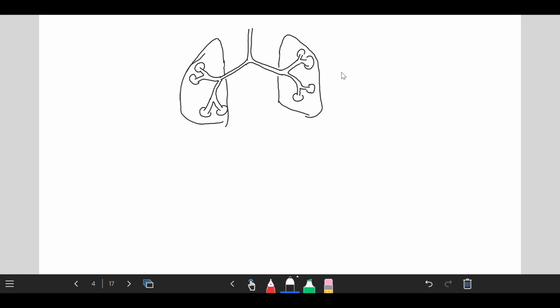Okay, so these are the lungs. This is trachea. These two are known as bronchi and an individual one is known as bronchus. Bronchus is singular and bronchi is plural. These are alveoli.